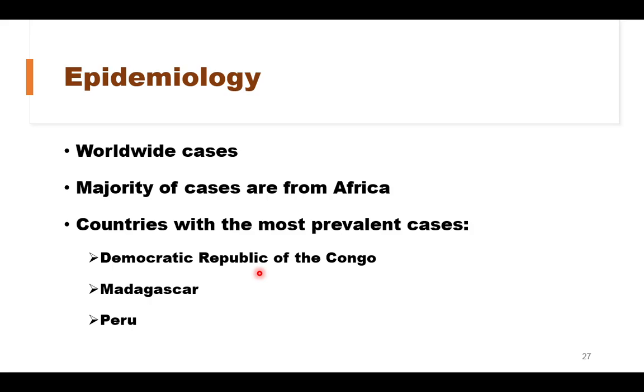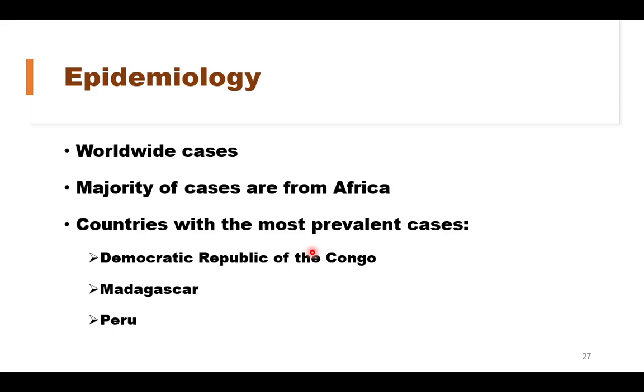It has a worldwide occurrence. Majority of cases are from Africa. Most prevalent cases are from Democratic Republic of Congo. You know, this is a high conflict area. So you have a lot of refugee situations. With refugee camps, all sorts of environmental problems arise.